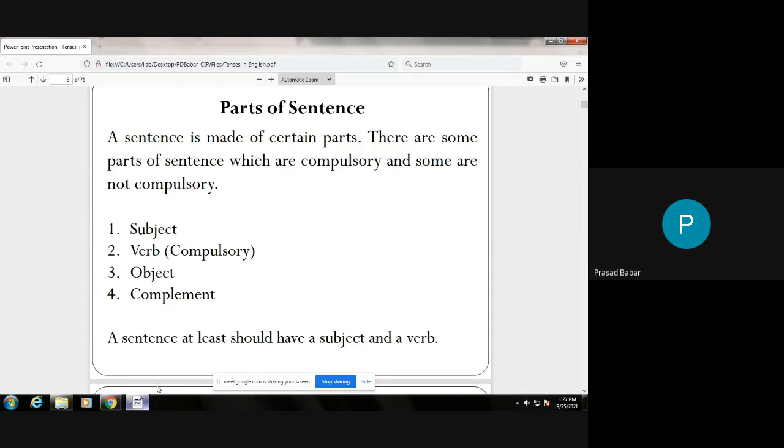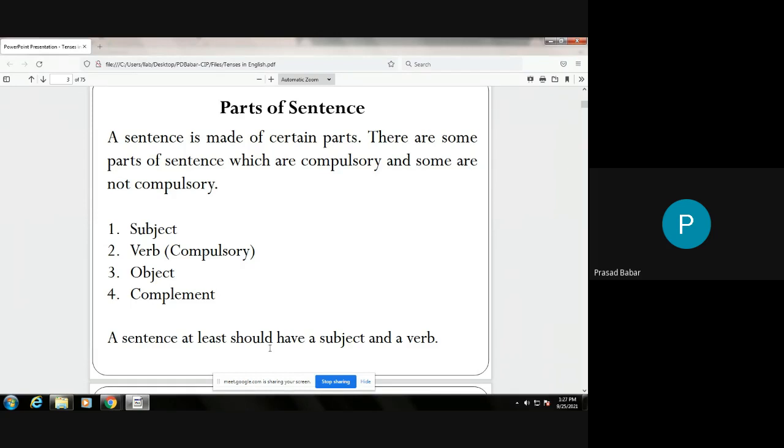A sentence should have at least a subject and a verb. सेंटेन्स मध्ये सब्जेक्ट आणि व्हर्ब मिनिमम ॲटलिस्ट म्हणजे कमीत कमी एक सब्जेक्ट आणि एक व्हर्ब असलाच पाहिजे. If there is no subject but there is a verb and object, then also we can construct a sentence.